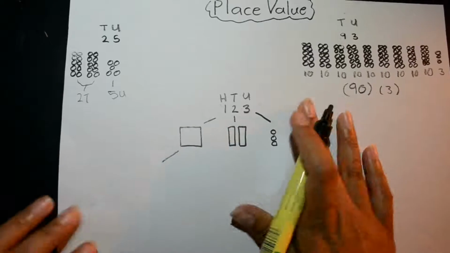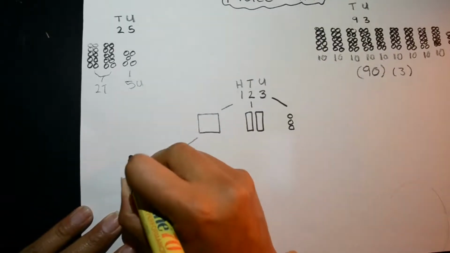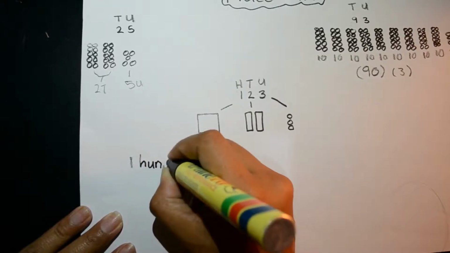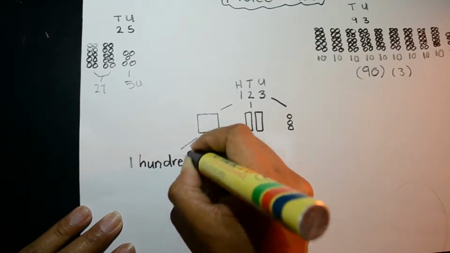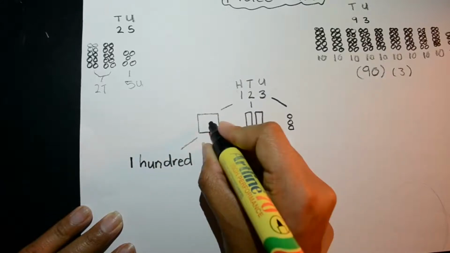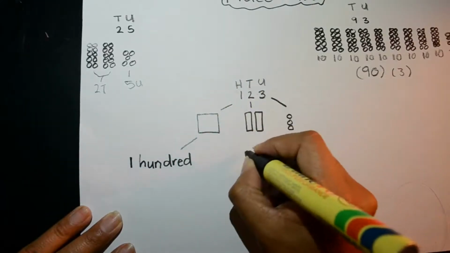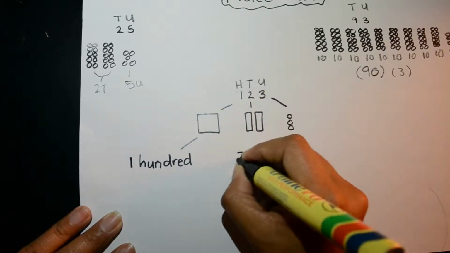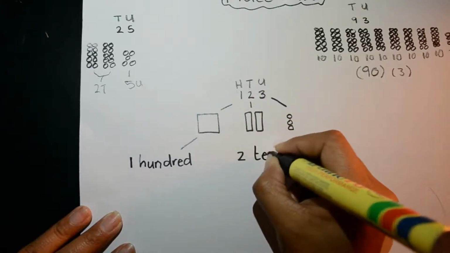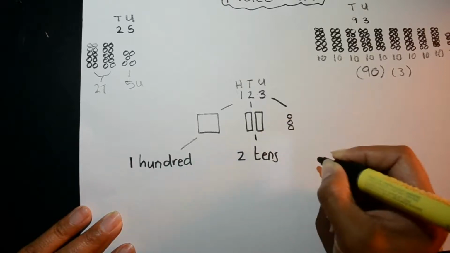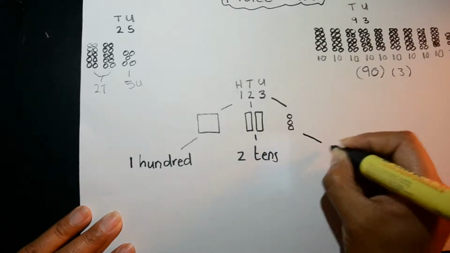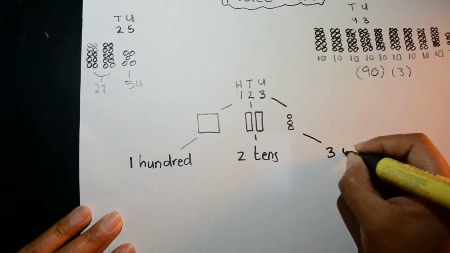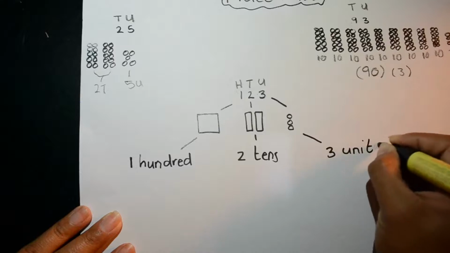Because it's one block and it's on the 100 side, this is called 100. And this side is called, how many tens are there? There's 2 tens. And on this side we have 3 units.